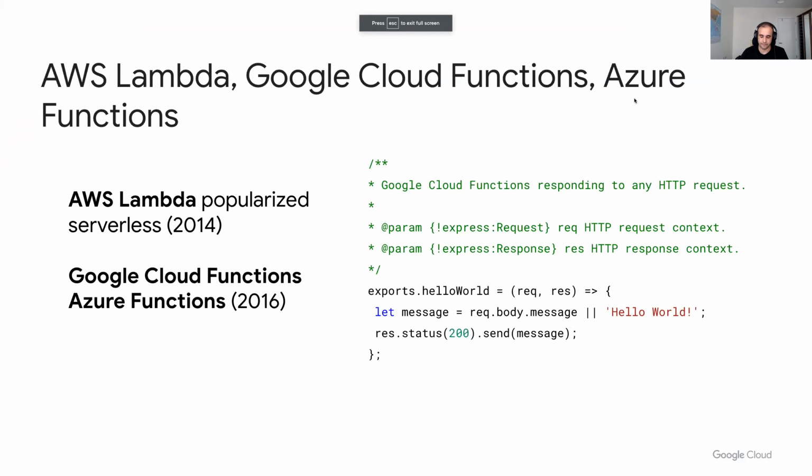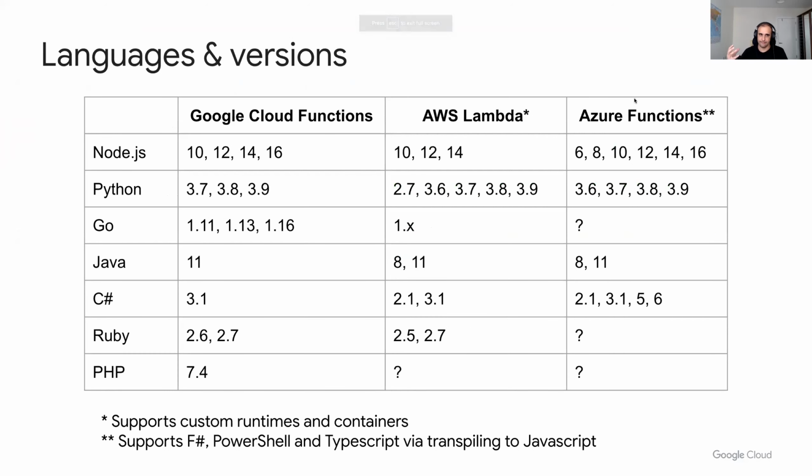But one of the biggest problems with functions like Google Cloud Functions, Lambda, or Azure Functions is that you need to look at this table, and this table is probably already out of date, but it lists the languages that are supported, Node.js, Python, Go, and so on, and also the versions of the languages supported on each platform.